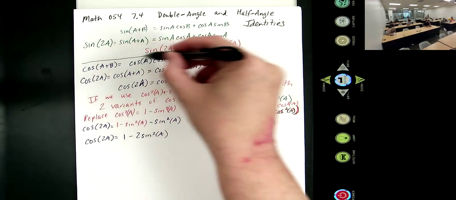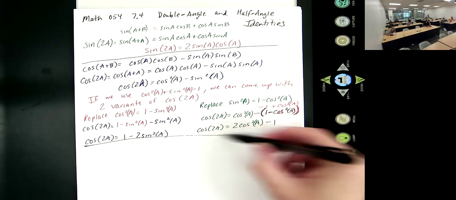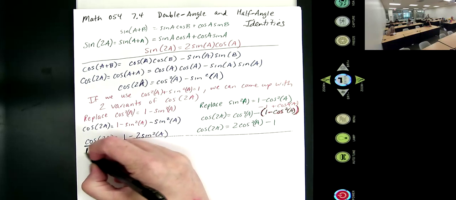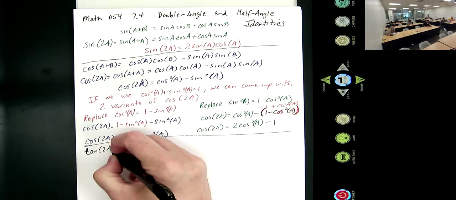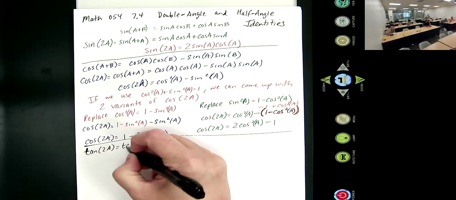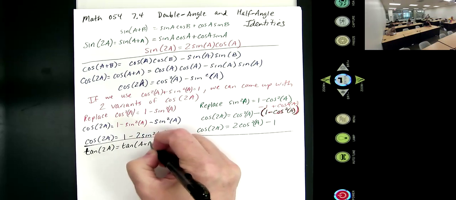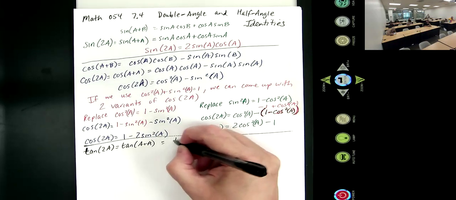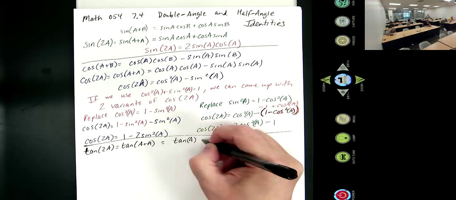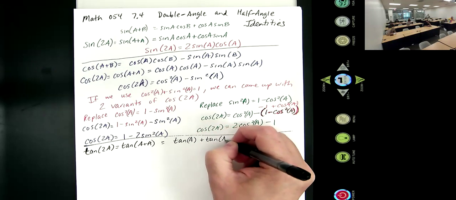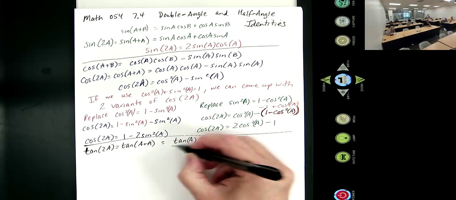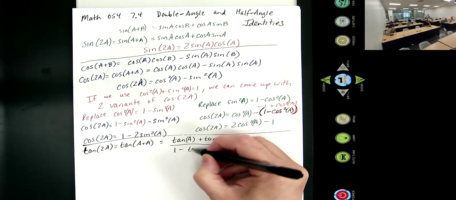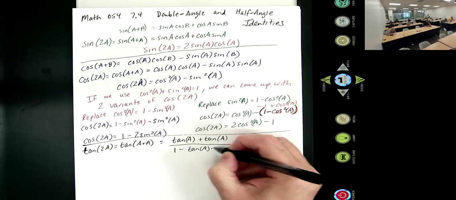So that was the derivation of the sine and cosine. If we wanted to do tangent of 2a, that's tangent of a plus a, which is gonna be tan a plus tan a over 1 minus tan a times tan a.